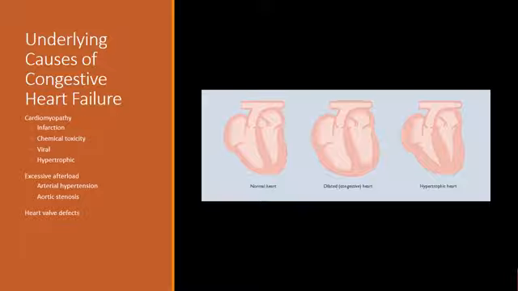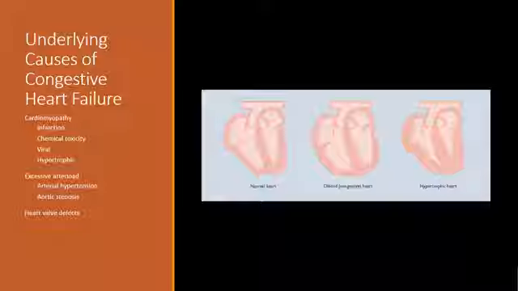As a result, because of the ventricle having to overwork, the muscles become enlarged and thickened, and the heart really needs to be flexible to work at its best. And so if we have really thick, stiff walls, the heart doesn't function as well.